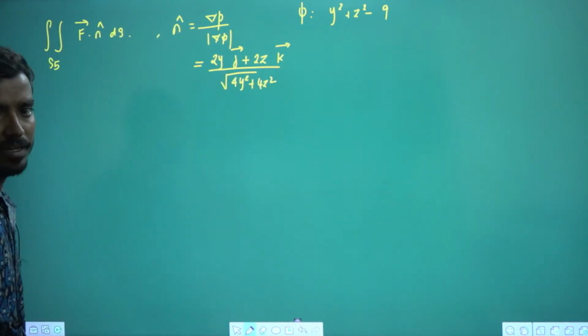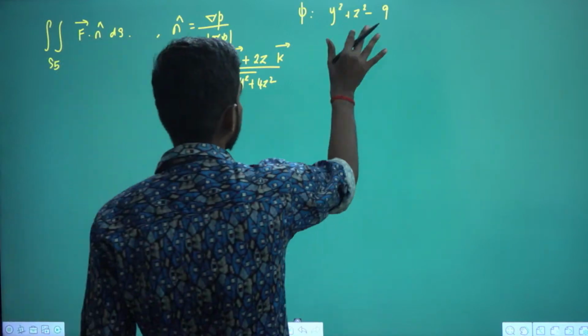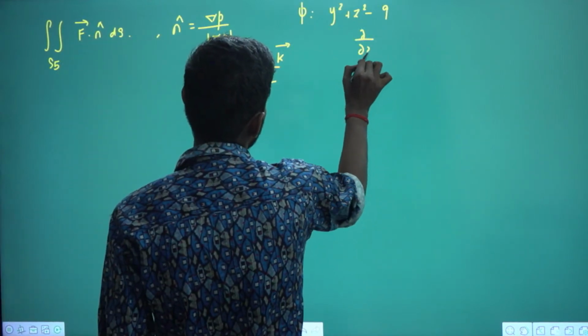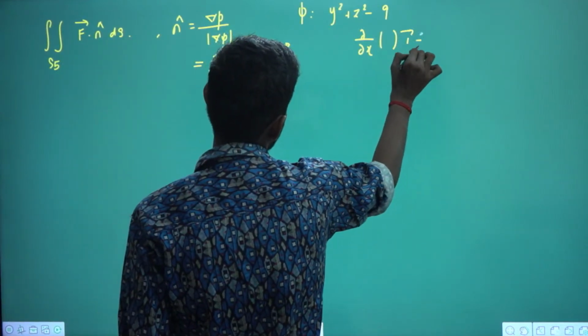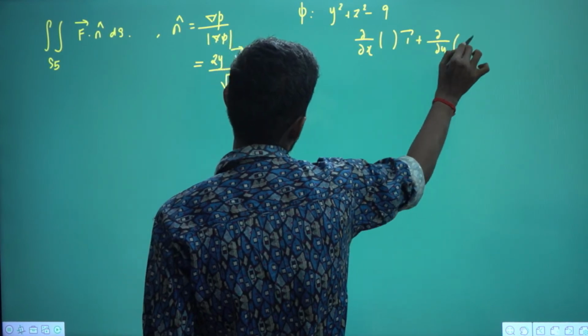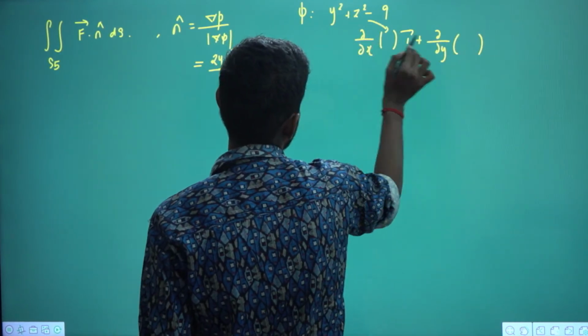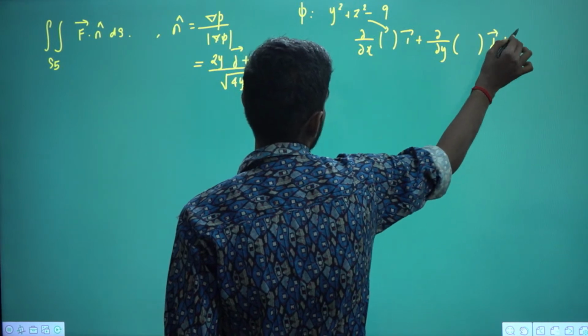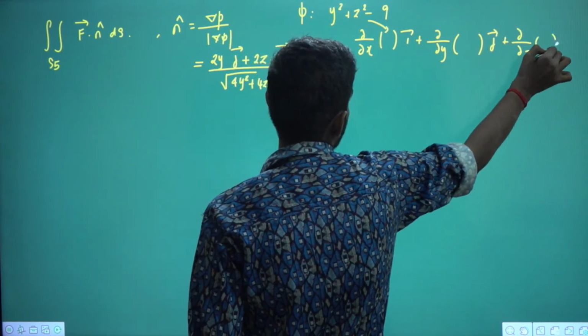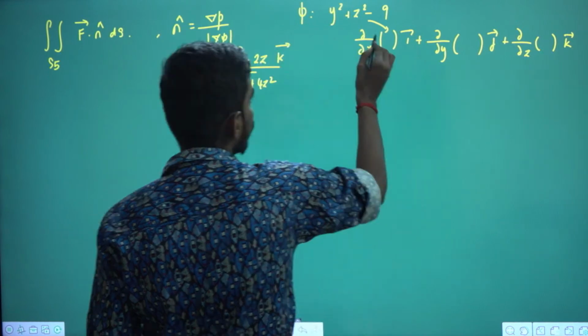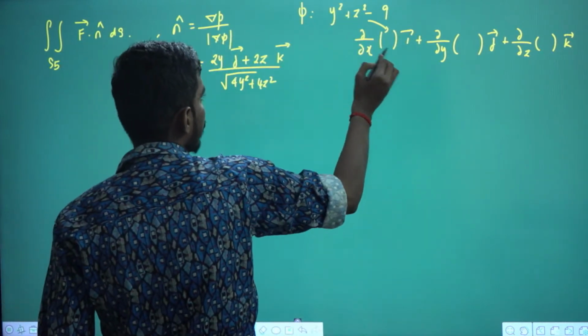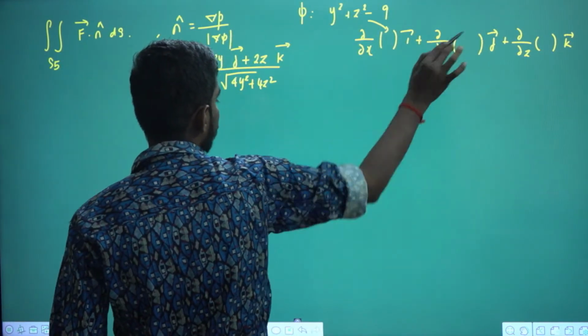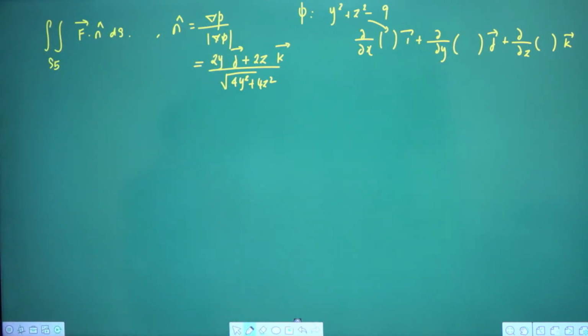We just have to find del phi. So del phi is dou by dou x of this function into i vector, dou by dou y of this function into j vector, dou by dou z of that into k vector. Dou by dou x of this is 0, so 0 i vector. Dou by dou y of this is 2y, so 2y j vector. This is the formula for gradient.